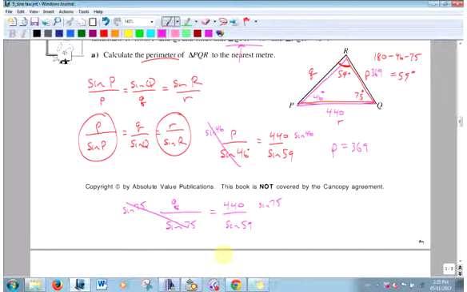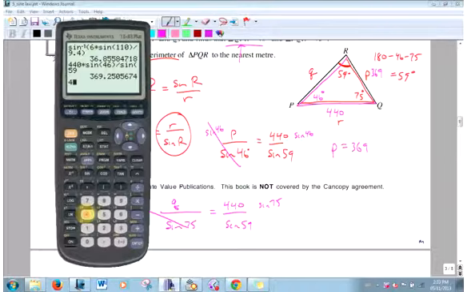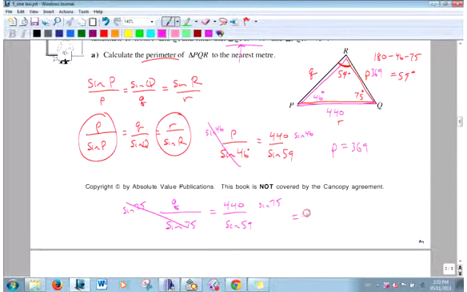Put that in your calculator. $496. Okay, so the perimeter, add them up, and we should get 1305 meters.